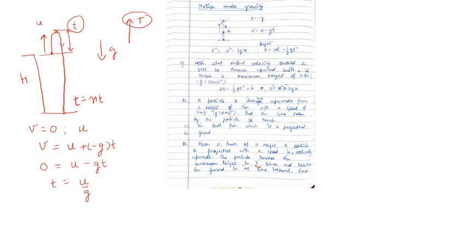So we simply substitute the values in this equation v equal to u plus at. Final velocity is 0. At the highest point the particle is not moving at all. So this is the value of t. We know t. Now you would be remembering that we did the same thing in the previous question also.